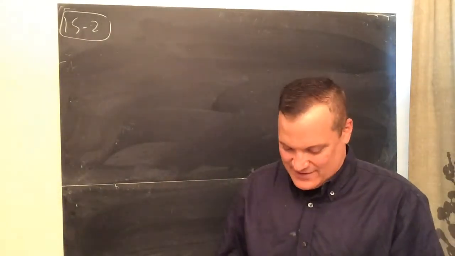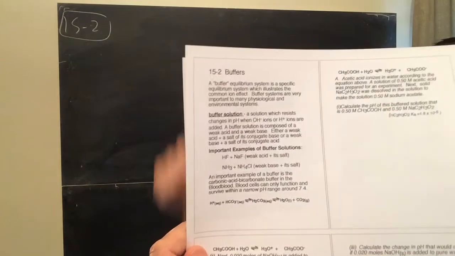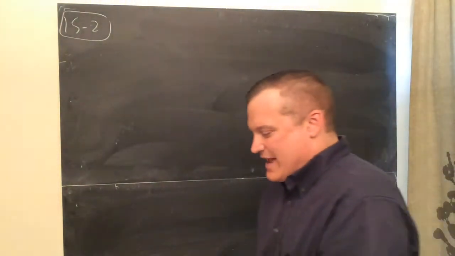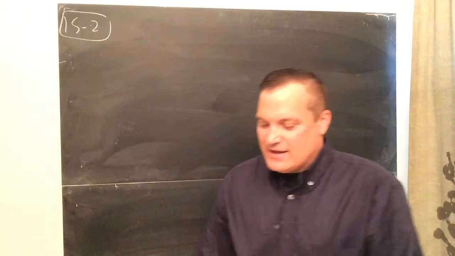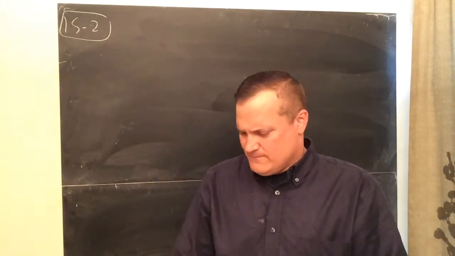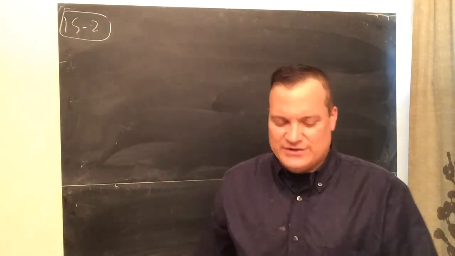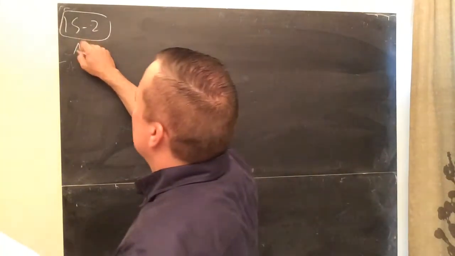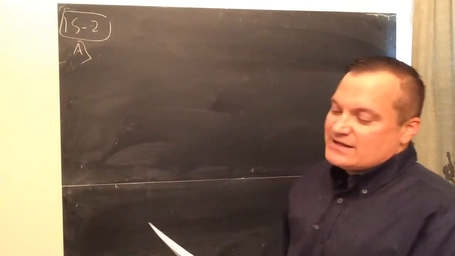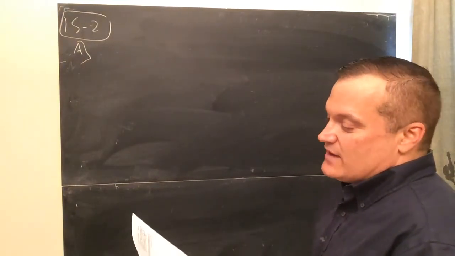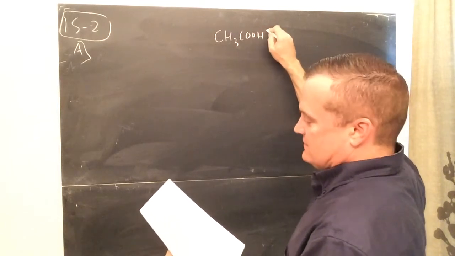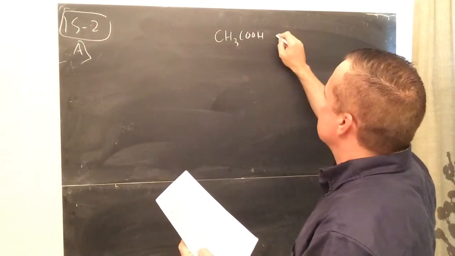Now comes the math. All right, now back to 15.2, and we'll go to this problem A, and this makes more sense. Okay, I'll tell you a little bit more good news about this in a minute, hopefully. All right, let's start over with the math. A. Acetic acid ionizes in water according to the equation above. A solution of 0.50 molar acetic acid was prepared for an experiment.